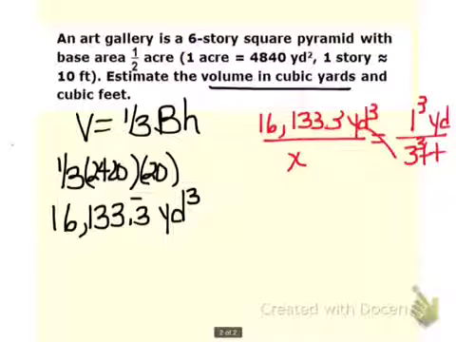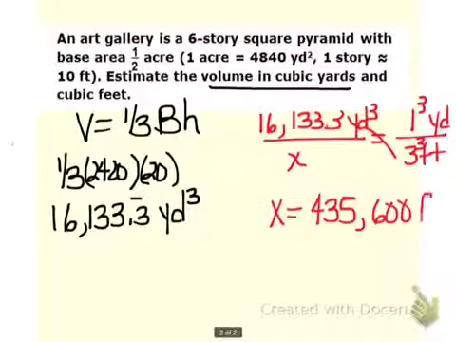So I'm going to cross multiply. So that's going to give me 16,133 times 3 cubed, which is 27. And so my answer is going to be 435,600 cubic feet. Feet to the 3rd power.